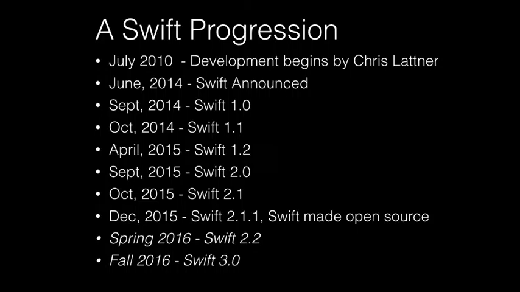Swift 2.2 should be coming out soon. Swift 3.0 could come in the fall. Now that Swift is open source, Apple can't really surprise us because we can just go look and see what they've been doing. So we know what's coming. It's kind of rare with an Apple project like that or product.